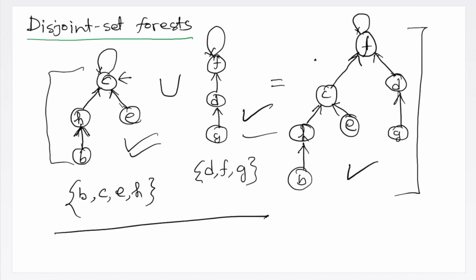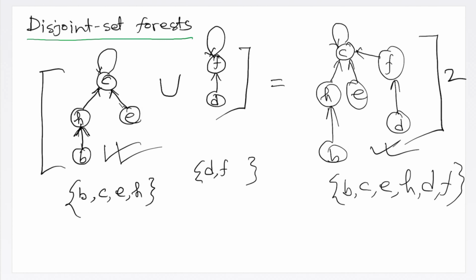In the first situation, when we have equal ranks, we will make one of these two trees the root and make the other tree the child. In the second situation, when one tree has higher rank than the other tree, then the root of the tree with the higher rank will become the parent of the other tree.